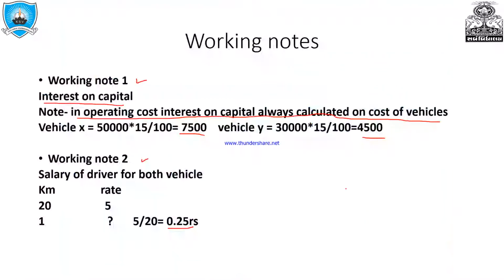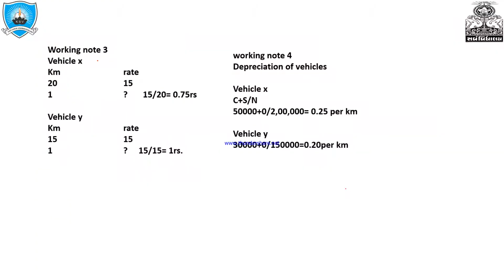Okay, so working note 3, petrol expenses. Vehicle X 20 kilometers, rate 15. So for 1 kilometer, how much? So 0.75 rupees for vehicle X. And by the same process we calculate, and the answer is 1 rupee for vehicle Y.